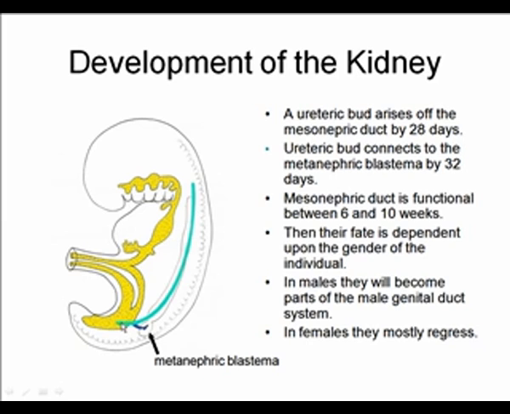And between 6 weeks and 10 weeks, that mesonephric duct is actually functional and will produce urine, which will empty into the cloaca. Then, depending on the fate of the mesonephric duct, it will either remain and become part of the male genital duct system, or it will regress in females.